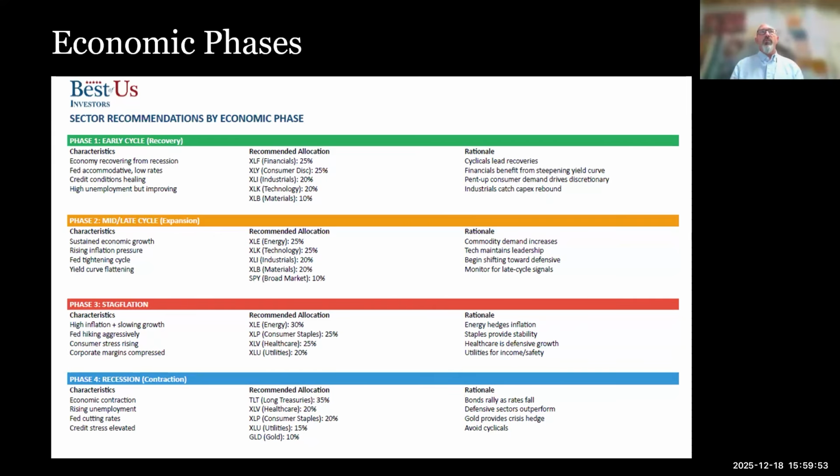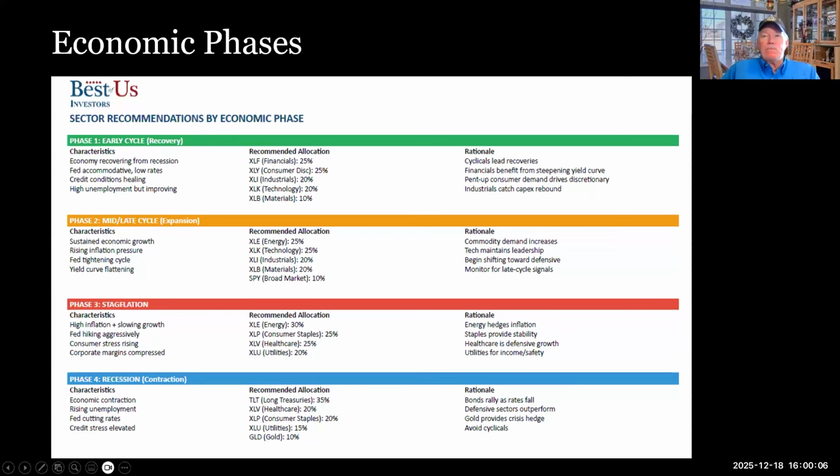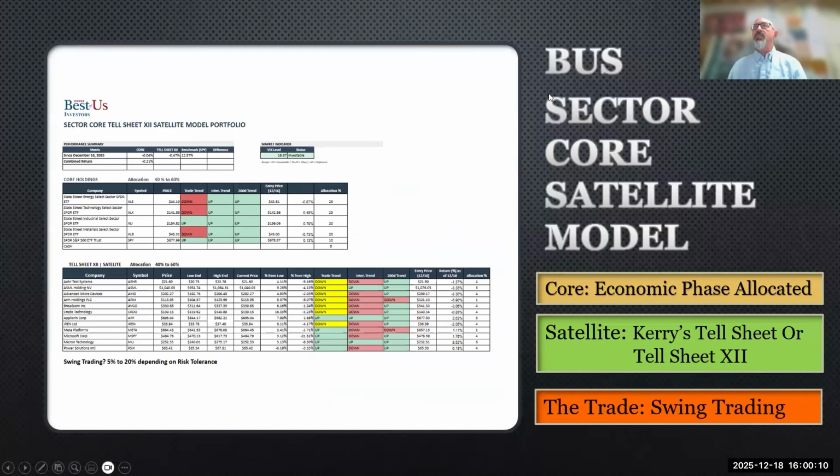And so what I've created is a filter or a model that measures all these different economic events. And so there are two different portfolios. There is just a simple sector core, Tell Sheet 12 satellite model.